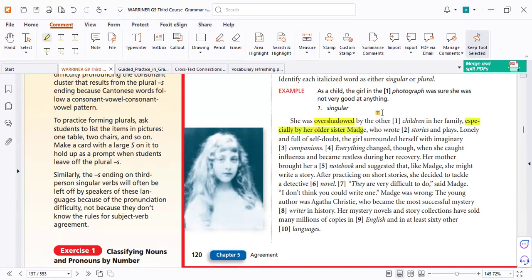So if I said "especially by someone," it means you were talking about something plural because you said it specifically. This means children must be plural, not singular. You catch it? Yes.